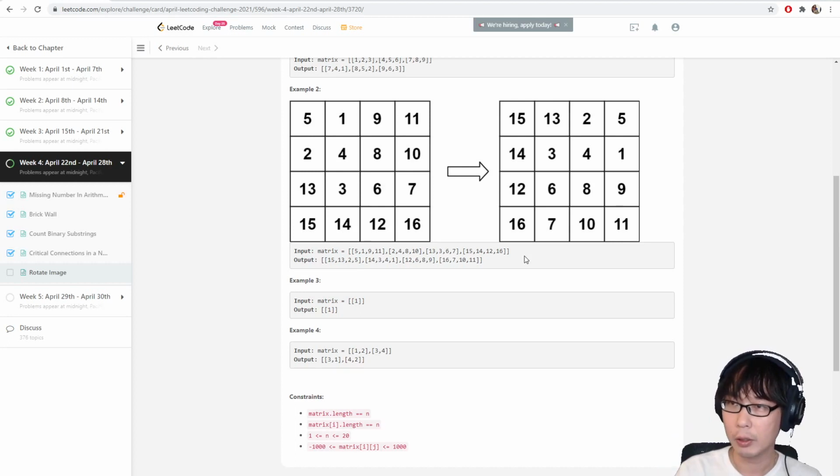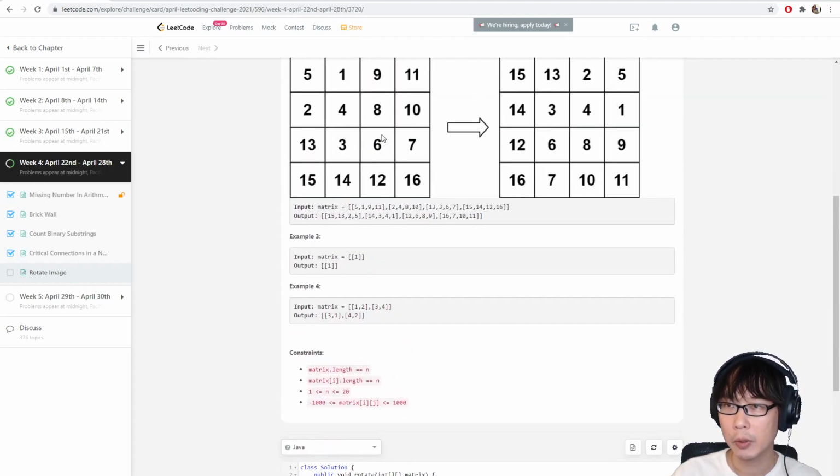Okay, so for each layer, we go from the first one to the length of that layer minus 1. For example, for this I start with i, which is 0. This I start with index 1,1, and this is layer 1.